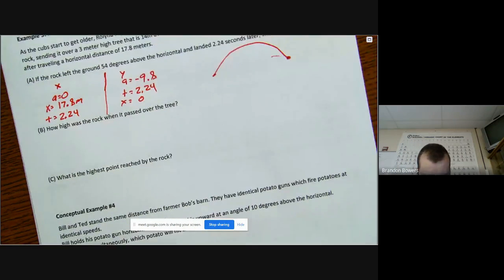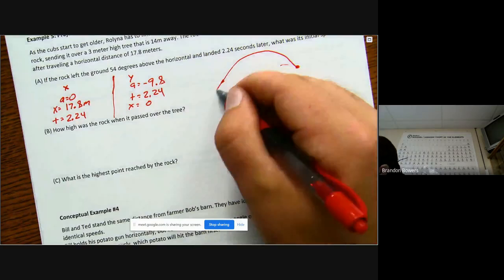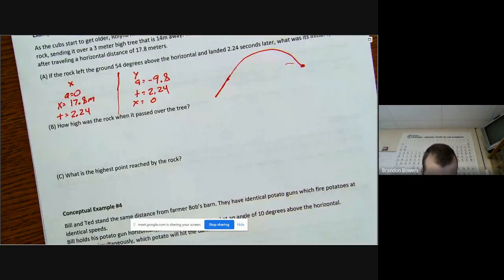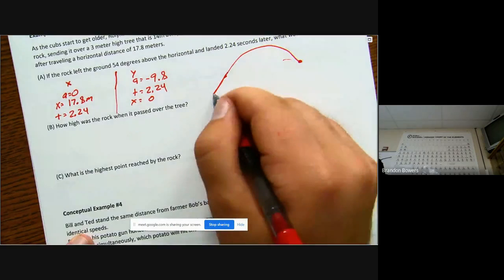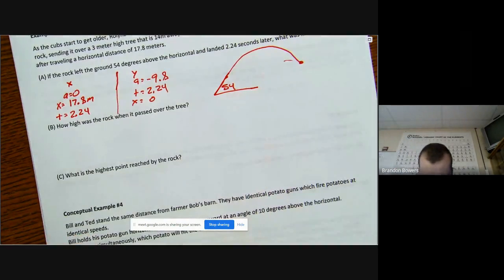Okay. Now, let's see. So when she kicks it, we know it's at a 54-degree angle. Okay, we know that. If the rock landed, what was its initial speed?